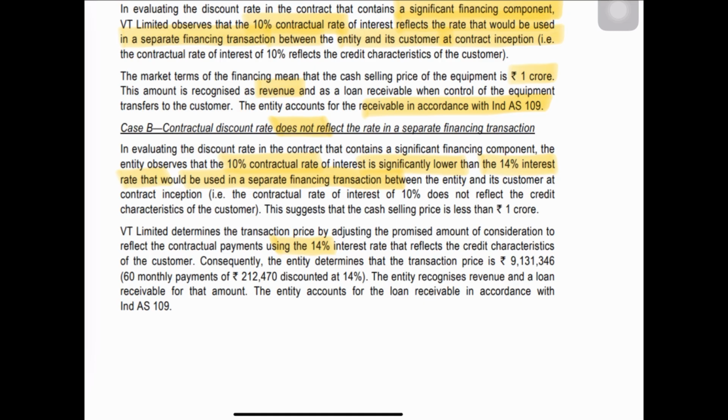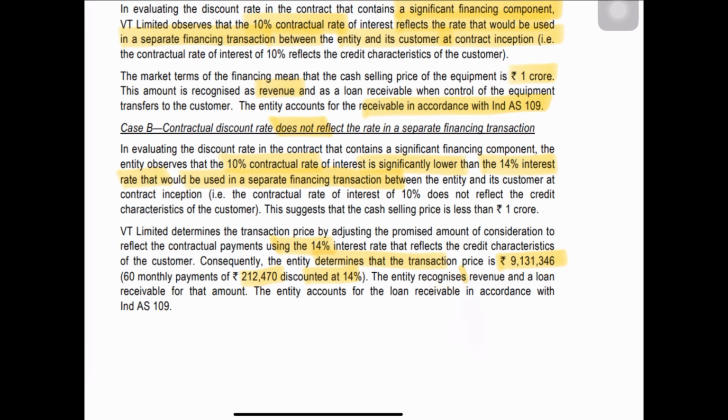Consequently, the entity determines that the transaction price is 91,31,346, that is 60 monthly installments of 212,470 discounted at 14%. So you can work out the discounting at the rate of 14%, and you will have this 91,31,346.